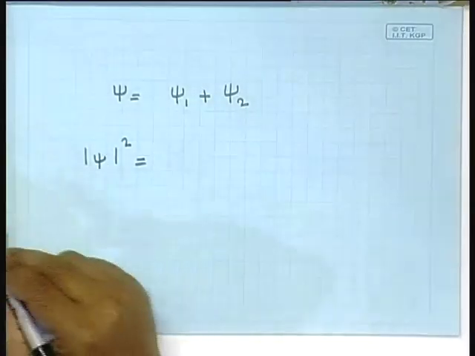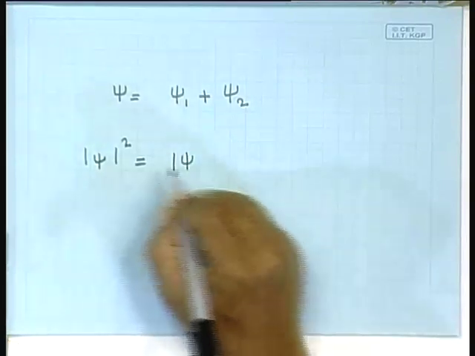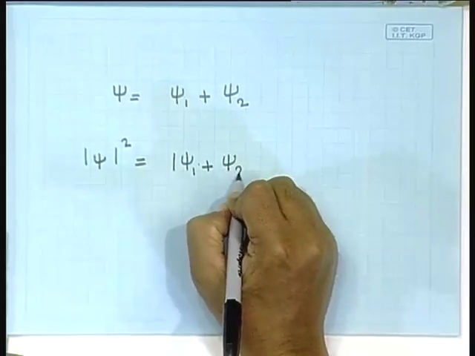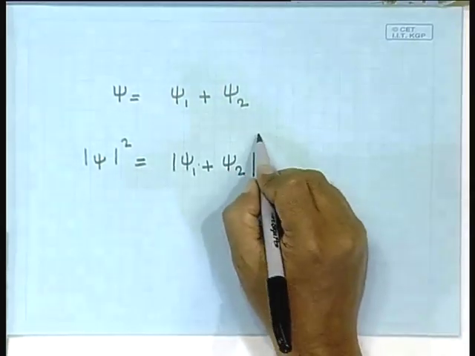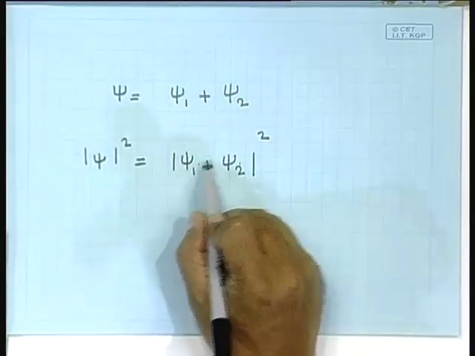So, I should evaluate the value of psi at that point, and this will have two contributions. You see, psi is a sum of two different parts, and there could be a phase difference between these two contributions.